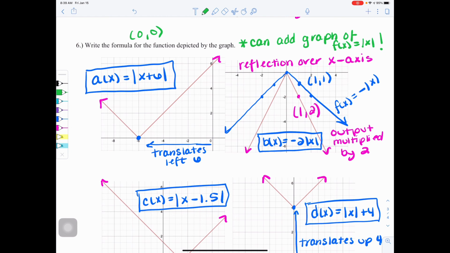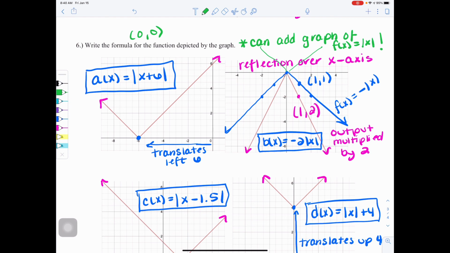When I look at the top right, I know that the absolute value function usually goes like this. So it's been flipped upside down, which means it's a reflection over the x-axis, as well as it's skinnier than it usually is. So I drew in blue f of x equals the negative absolute value of x, at least the reflection, so that I could show you the 2 coordinates.